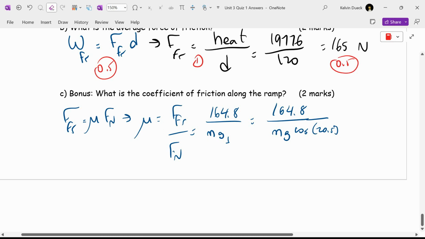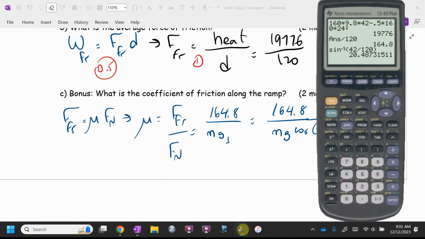Mu is 164.8 divided by m, which is 160, times 9.8 times cosine 20.5. And I get a mu of 0.112.